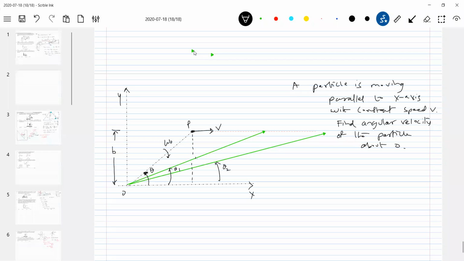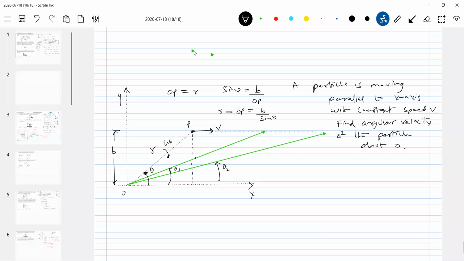What is the basic definition? We don't know this distance r. I'm going to assume OP equal to r. Then sine theta equals b by OP, so OP equals b by sine theta, which is r. So I got the value of r.